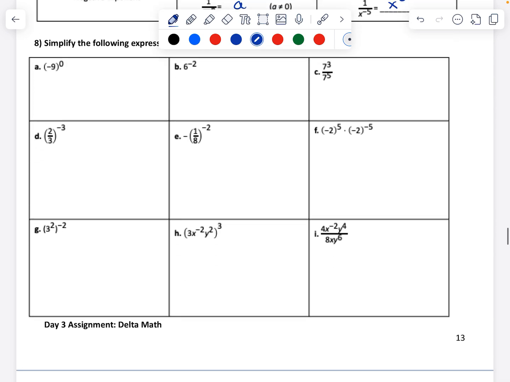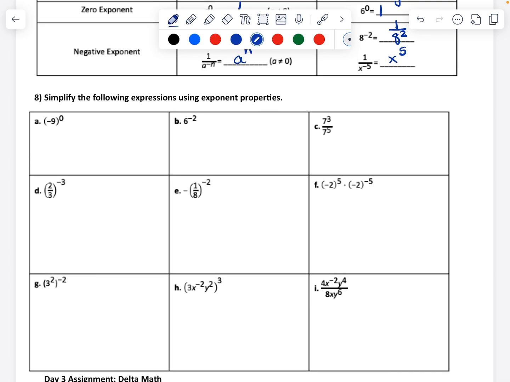So if we need to simplify a couple of these, anything to the 0 power is 1. 6 to the negative 2 is 1/6 squared, or 1/36. 7 to the 3rd, so if we subtract, 7 to the negative 2, 1/7 squared, which we could simplify to 1/49.